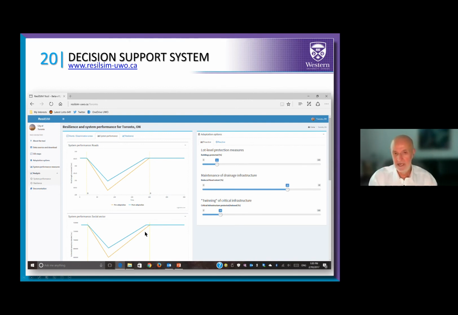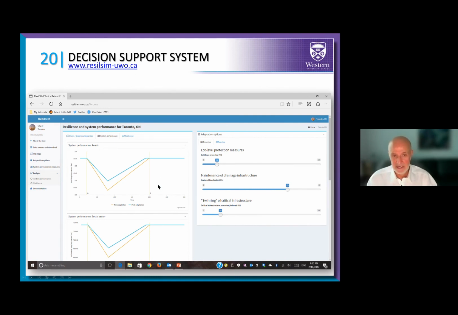So there are 4 graphs because we selected 4 different impacts. And for each graph, you will see in yellowish orange the performance before any measure is implemented, and blue as the immediate response to selected measures and their intensity.